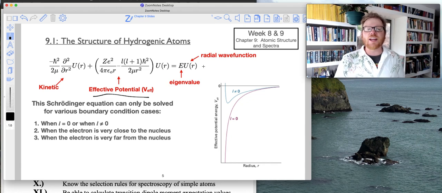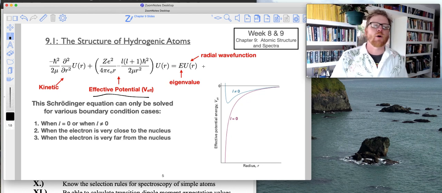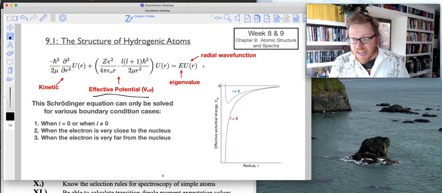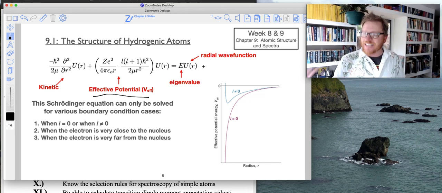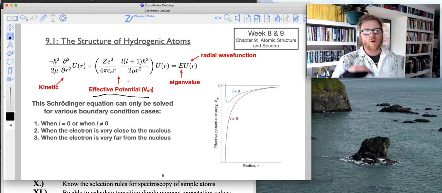So what we've done here, we've eliminated the angular component, and really, I shouldn't even say that. We haven't eliminated the angular component. We've just reduced the angular component to its eigenvalue, which is that L times L plus 1, okay? So the angular wave function is not in here anymore, okay?